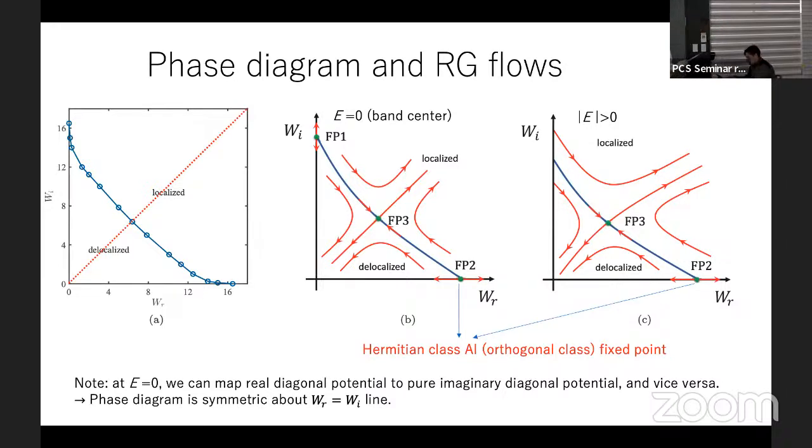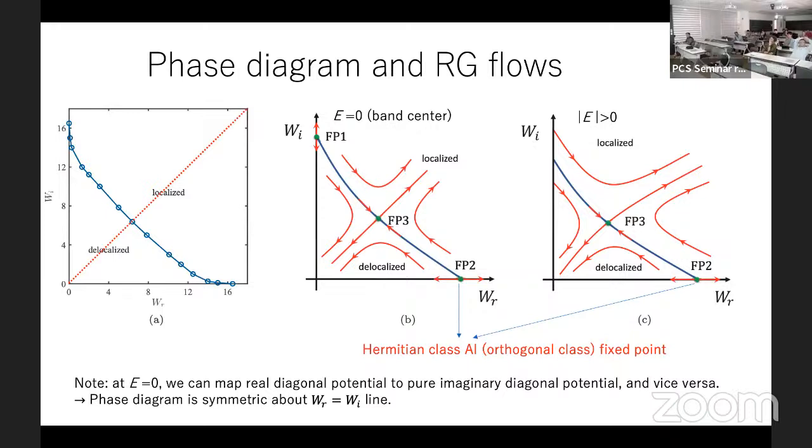So, what parameter is changed here in order to obtain this flow? You mean this is at the band center, and this is away from the band center. Yes, but the renormalization group flow is when you change something. What do you change here? I mean the RG flow changes because at E equals 0 there is a symmetry between WR and WI.